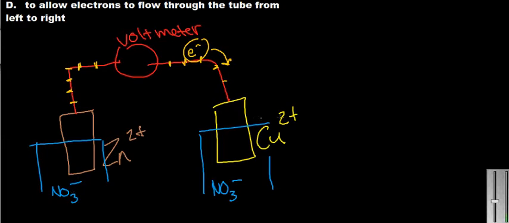Well, no big deal there, but then when we look on this side, we have Cu2 plus that is accepting electrons, and the copper is going to start forming on this metal here. And when the copper starts forming on this metal, you're going to have more nitrate here, and here you're going to have less nitrate. So it's not going to be balanced. So it might occur for a second, but after that it's no longer going to occur.